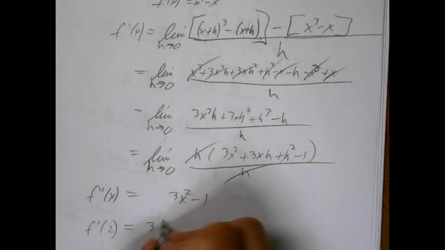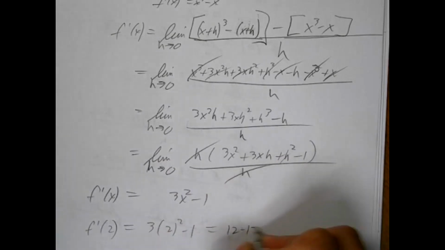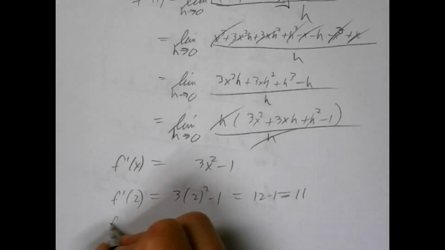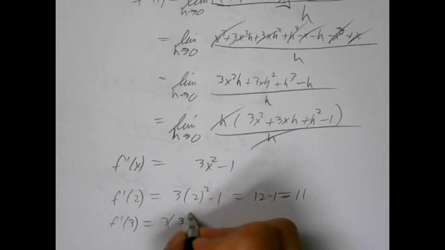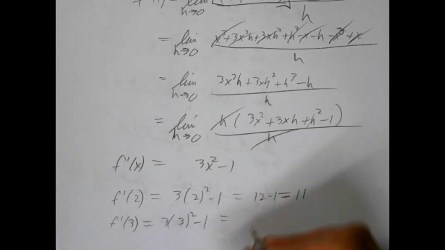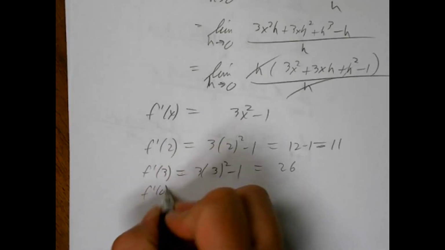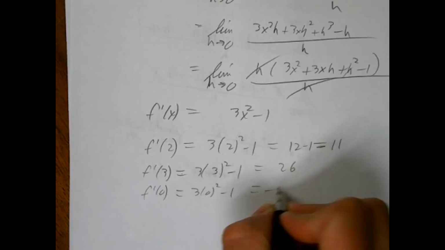It's 3 times 2 squared minus 1, which is 12 minus 1, which is the 11 that we got. And what's the derivative at 3? 3 times 3 squared minus 1, which is 26. What's the derivative at 0? So 3 times 0 squared minus 1, which is negative 1.